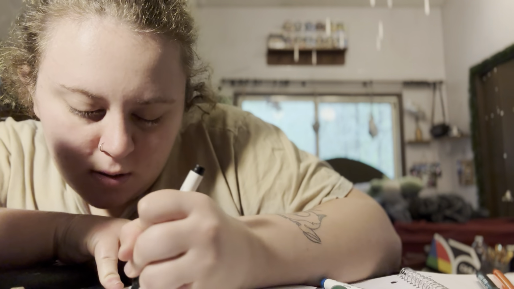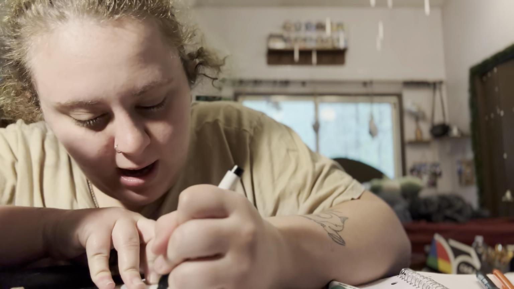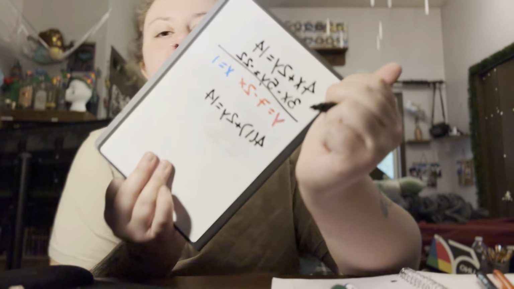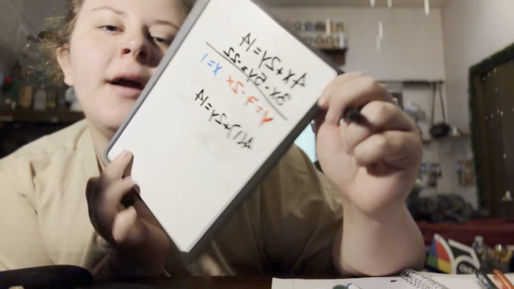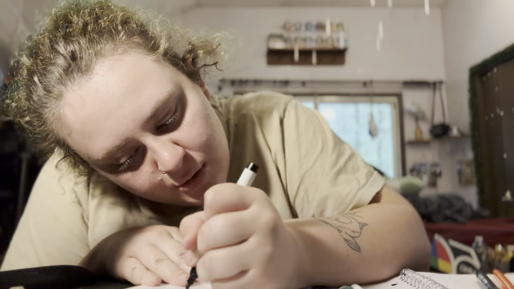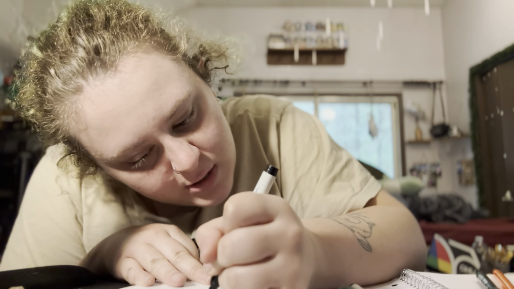So 4 times 1 plus 2y equals 14. So what does this turn into? 4 plus 2y equals 14. Amazing. And what do we do next? Put the 4 on the other side. You are doing so good. So to do that, we subtract it.